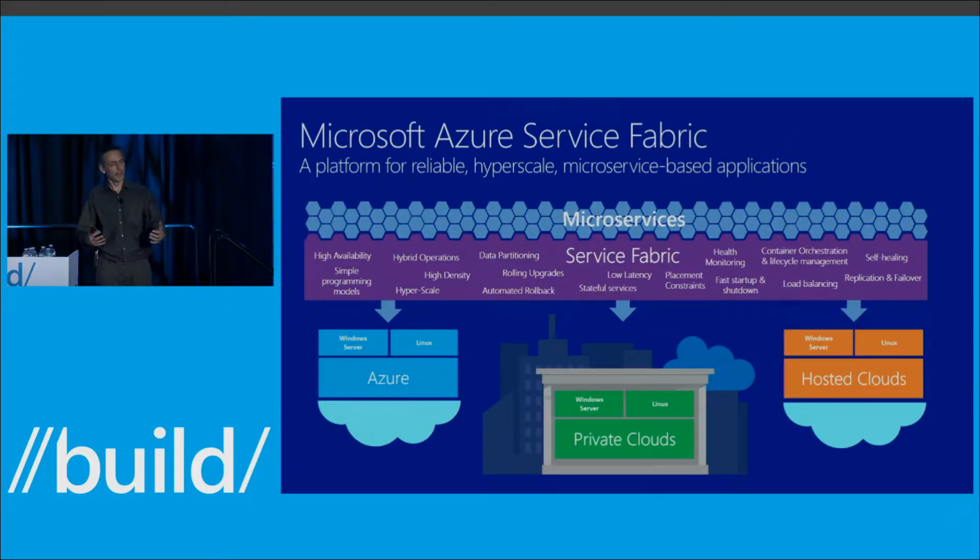And of course, beyond that, we're also looking at how we port the whole platform over to Linux and host that on an OS of your choice. So now you'll be able to choose the OS of your choice, and you'll be able to choose a location of your choice. And of course, the whole platform is designed so that you can either build against the APIs that we provide, or you can bring your own runtimes for how you deploy that as well. So it's incredibly flexible, and we're very excited to be able to say this is the way that we think about how you should build scalable, resilient applications.